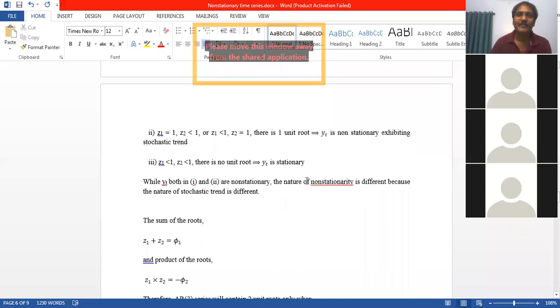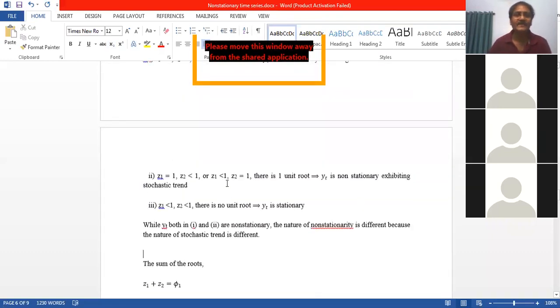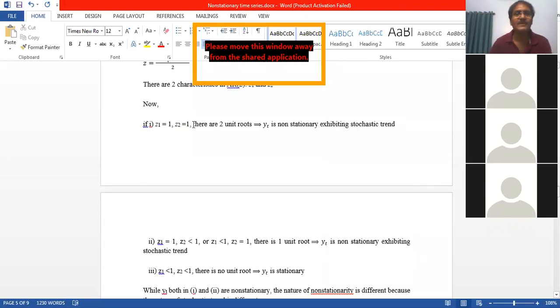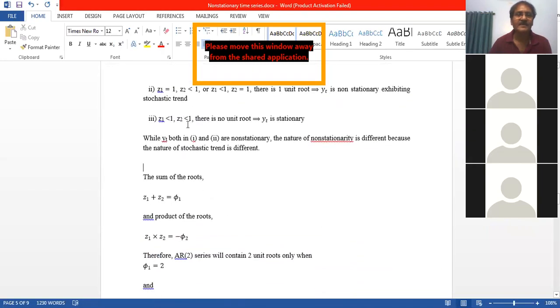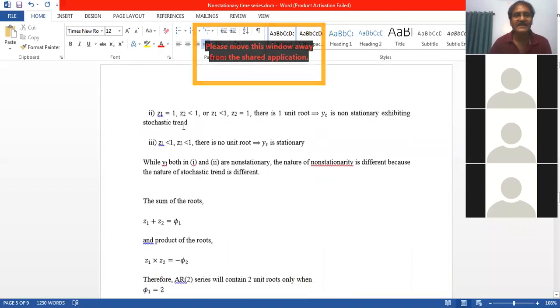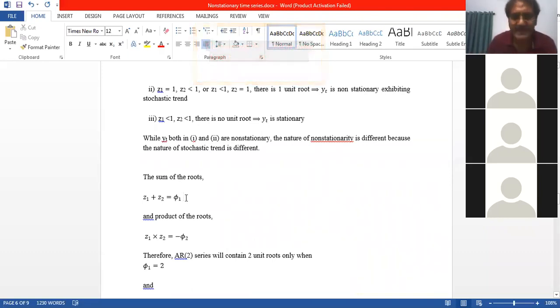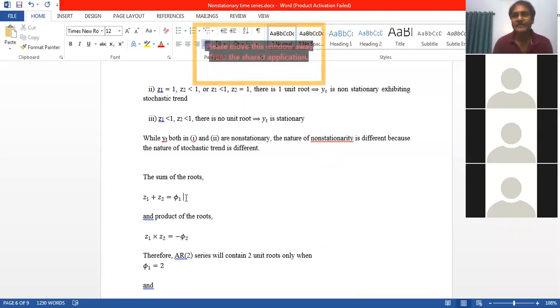Okay. Now, let me consider case 1. That is, if both roots are equal to 1, that is Z1 is equal to 1, Z2 is equal to 1. In this case, we have the sum of the roots. You know, if you rethink the basics of the theory of quadratic equation, the sum of the roots is equal to minus b by a, and the product of the roots is equal to c by a.